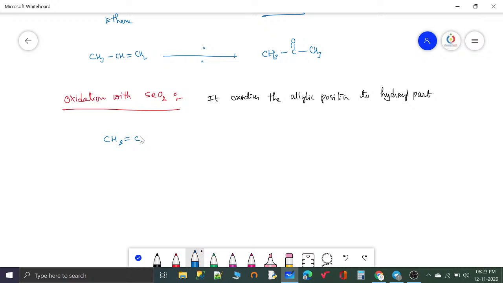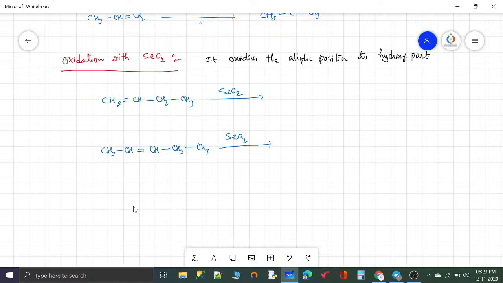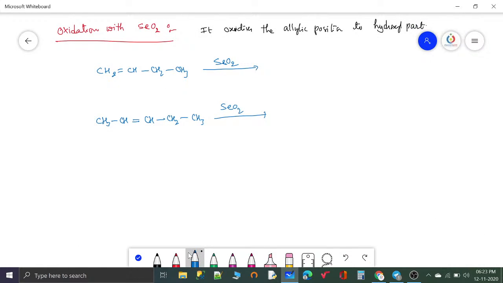CH2 double bond CH, CH2 CH3, and CH3 CH double bond CH, CH2 CH3. Now if you use selenium dioxide in both cases, generally doubt arises among the students. In the first case there is no problem, because only one allylic position is there. But in the second molecule there are two allylic positions, so which will be oxidized?